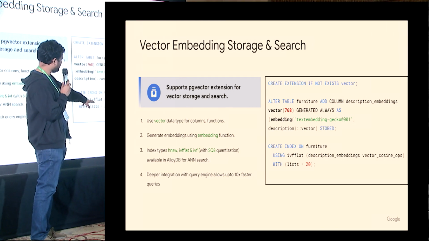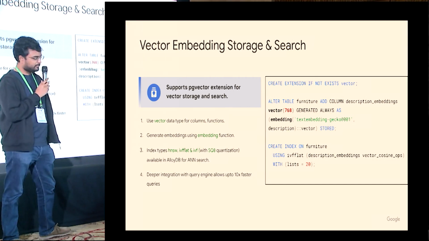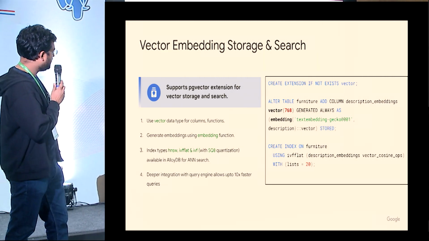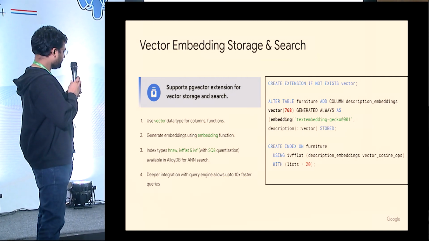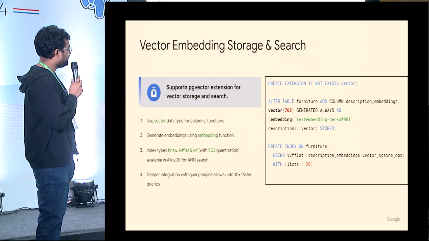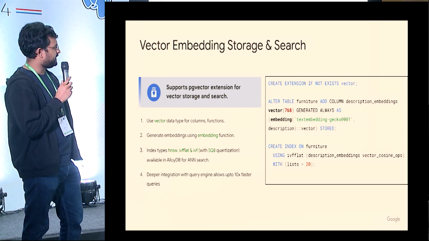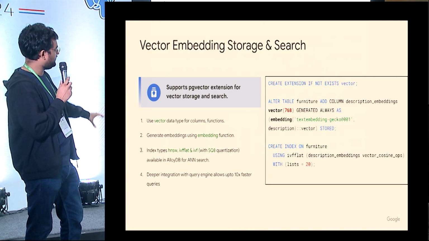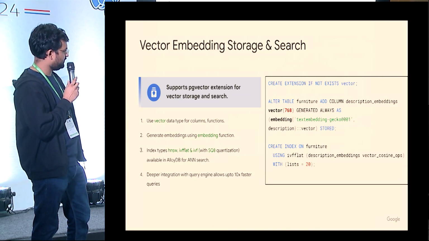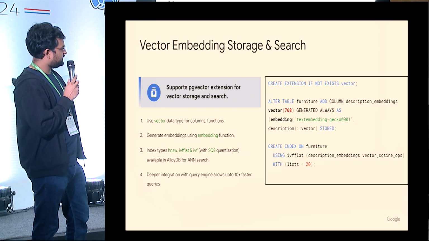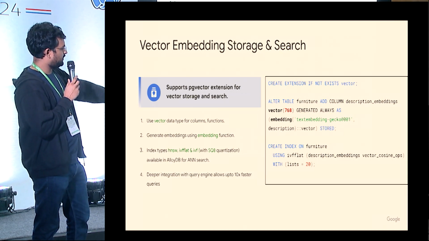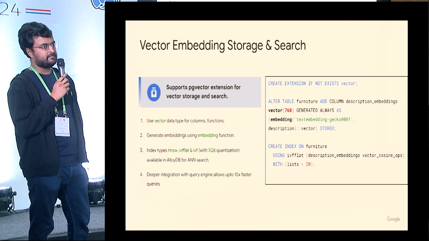We have a different index type, IVF flat, and we have some more parameters which are required for the IVF flat index to work. Since AlloyDB is using the best of both worlds, Postgres and Google's storage, we have deeper integration with the storage engine and the query engine, which allows us to get up to 10x more throughput on vector search queries than what PG Vector supports.